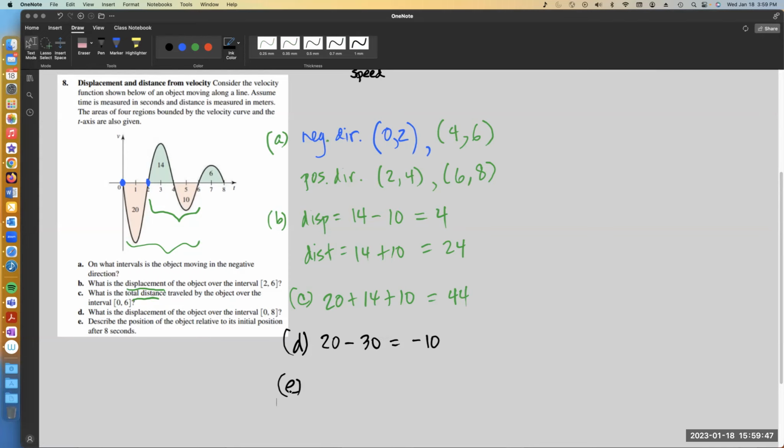Now, we don't know where we're starting, right? We don't know what the initial position was. They don't tell us that the initial position is 0. They don't tell us anything about the initial position. So all we know is that we're 10 left of initial position.